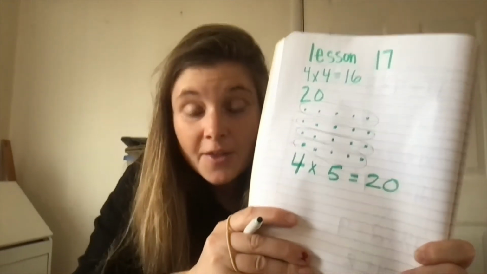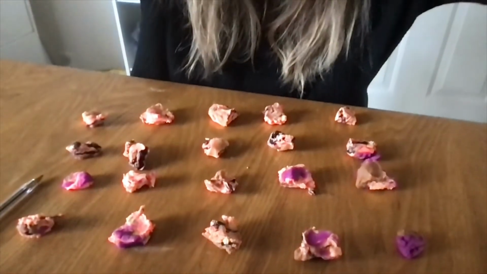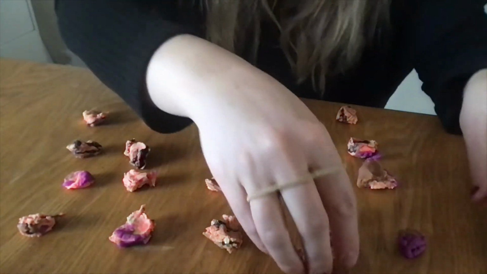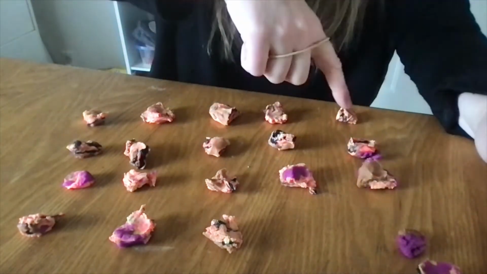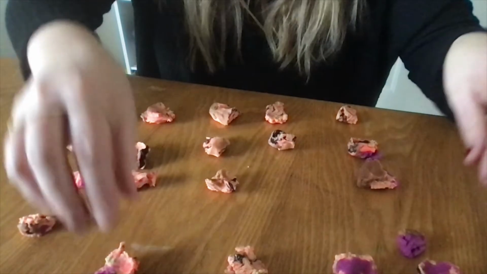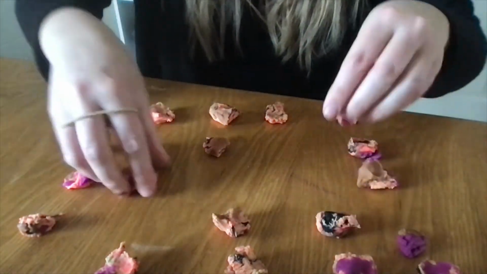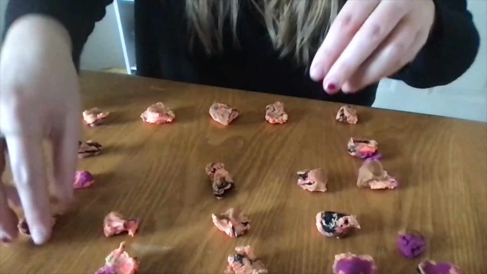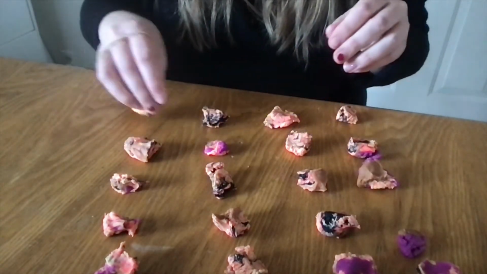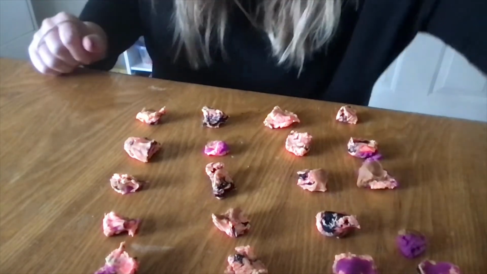Okay, now there's another way that we could do this, right? This 20. Now what we could do, and maybe you did it this other way, is we can do 5 columns with 4 rows, with 4 in each row. Okay, so now let's draw that array.